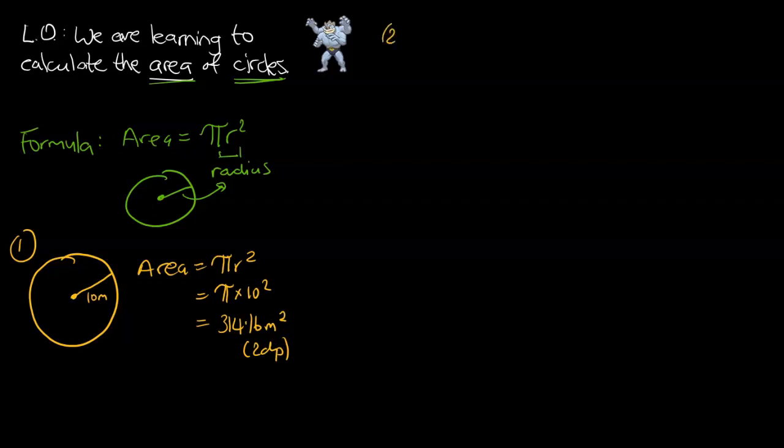We'll look at another one, question 2. So there's our circle. If you're given the diameter instead of the radius, so let's say that diameter is 30 centimeters, we know 1/2 of that is going to be the radius, which will give us a radius of 15 centimeters. We then substitute that in.